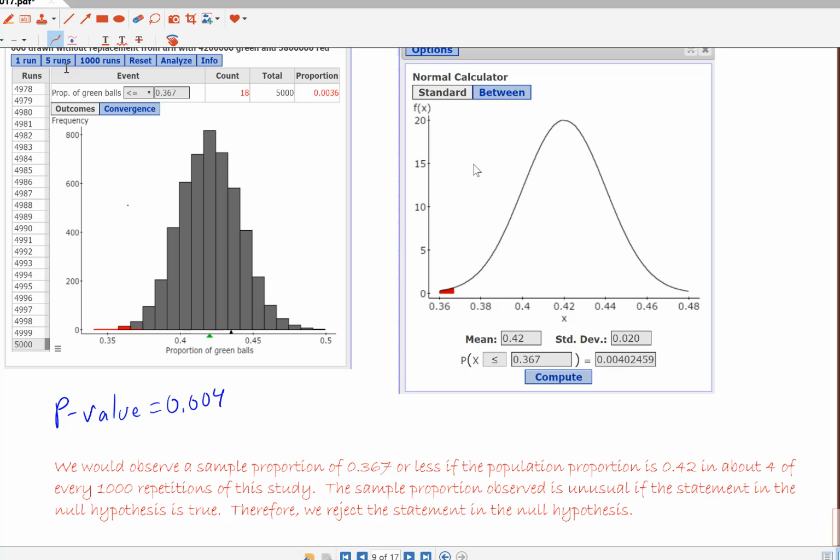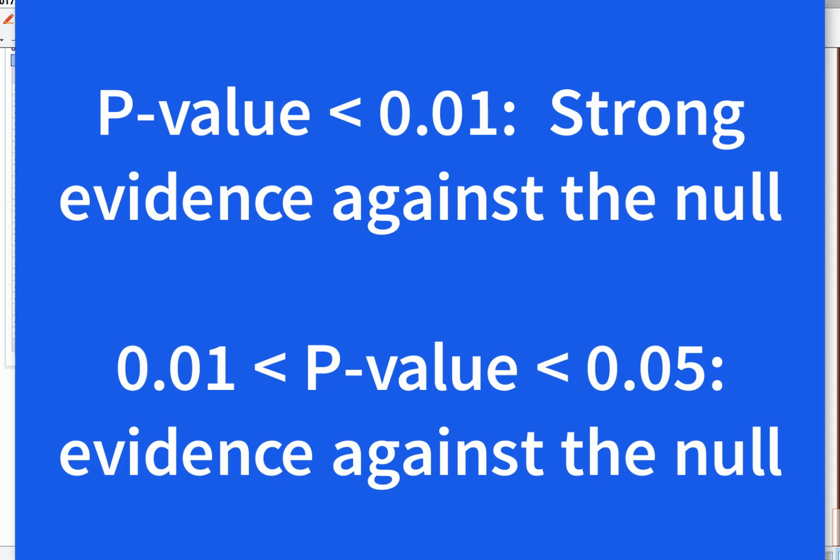The smaller the p-value is, the stronger the evidence against the statement in the null. And so if you want to be able to reject the null, you're looking for a teeny tiny p-value. So if the p is less than 0.01, we say strong evidence against the null.